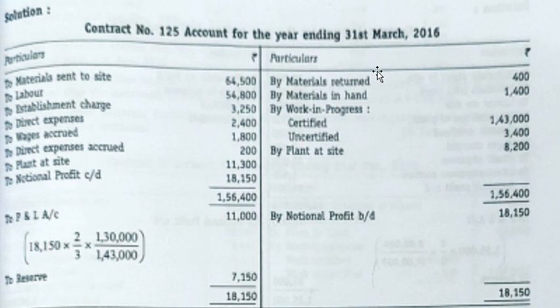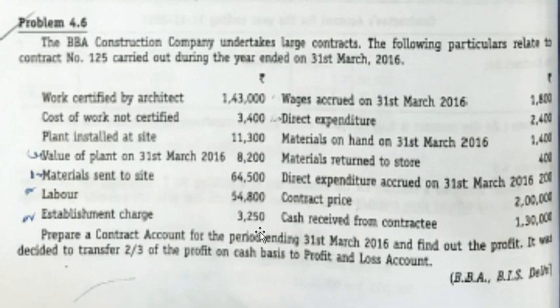When we total up your debit and credit items, your credit items appear to be more than your debit items. The difference in your debit is your notional profit carried down, which is 18,150. Now we will decide out of this notional profit of 18,150 how much will be transferred to profit and loss. To find out, we need the percentage of work completed to see whether 2/3 or 1/3 will be transferred.